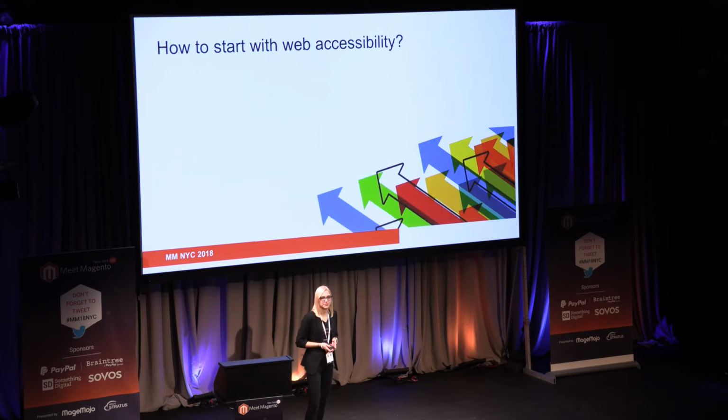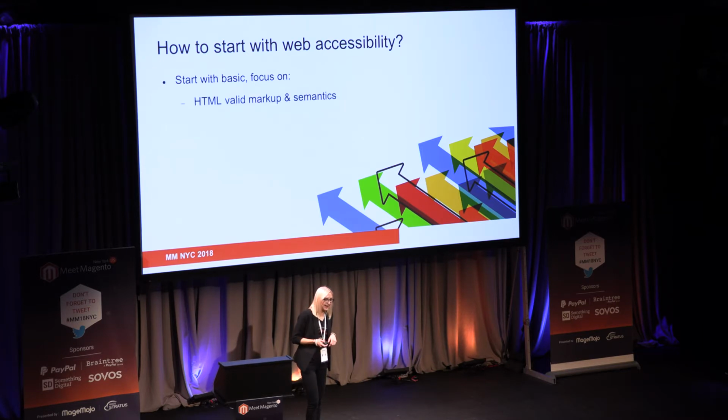And how to start with web accessibility? I advise you to focus on the real basics, like valid HTML markup and semantic markup. HTML5 gives us a lot of advantages in this area, so we can really use the tags on our website.